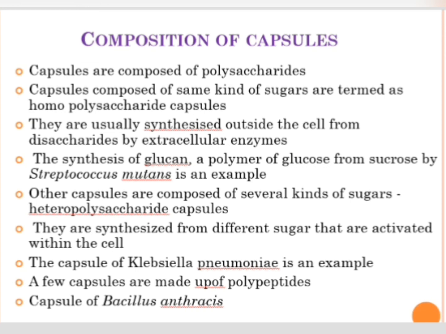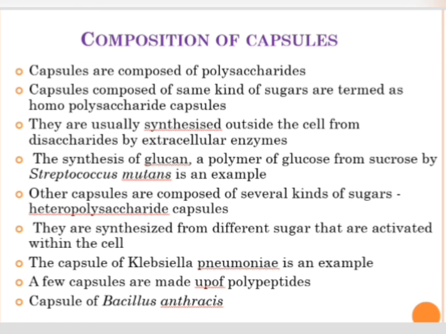So the capsule of Bacillus anthracis is made up of polypeptides rather than polysaccharides. So mainly the capsules are composed of polysaccharides, either homopolysaccharides or heteropolysaccharides, and in some bacteria the capsules are made up of polypeptides.